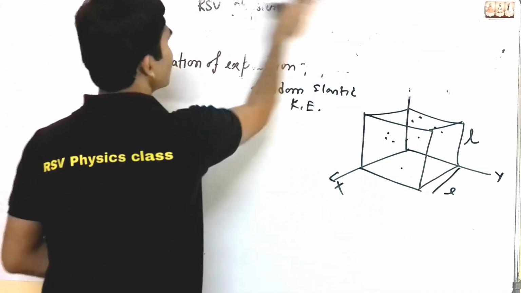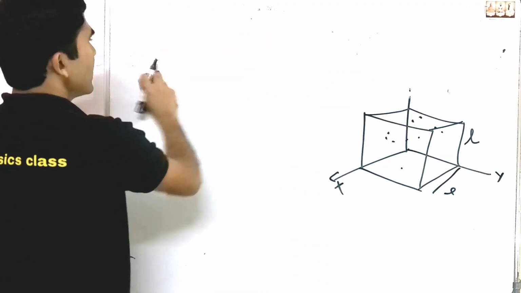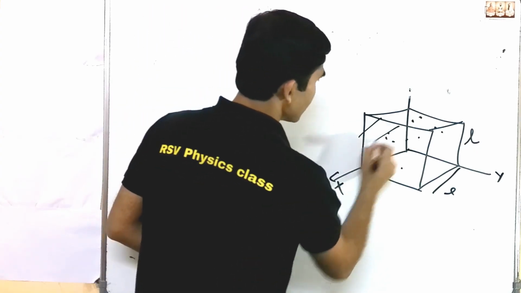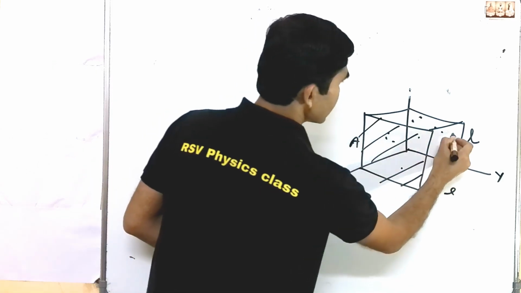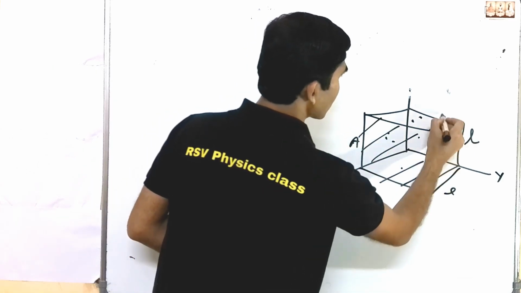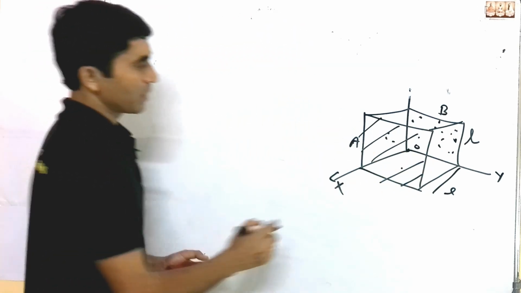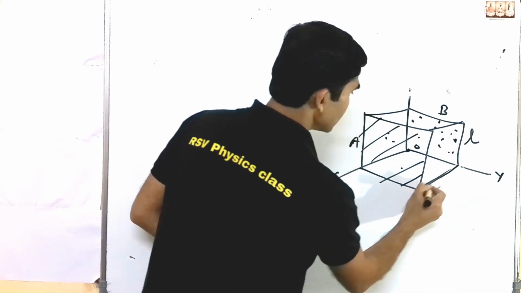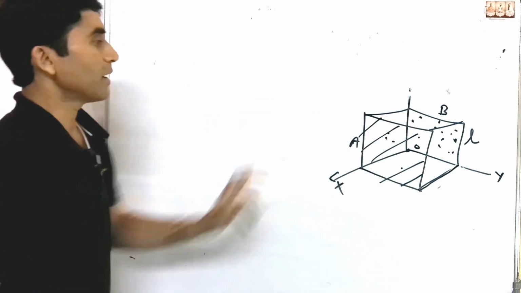Let's consider this is a face, this is your origin, this face is A, and the opposite face is B. This is the cube of length L filled with gas molecules.